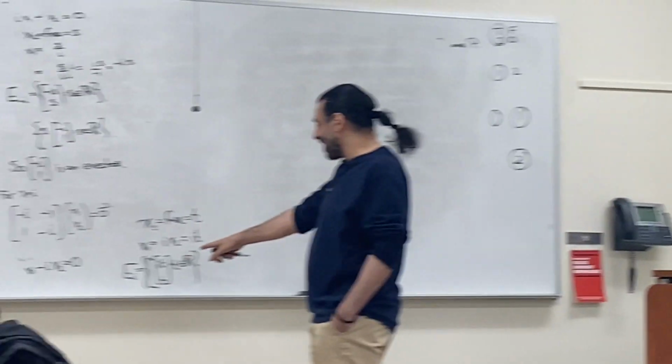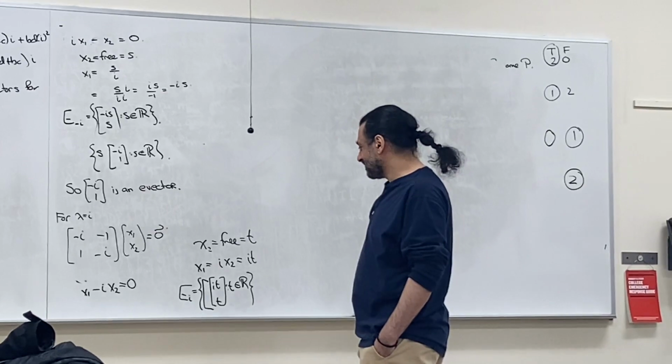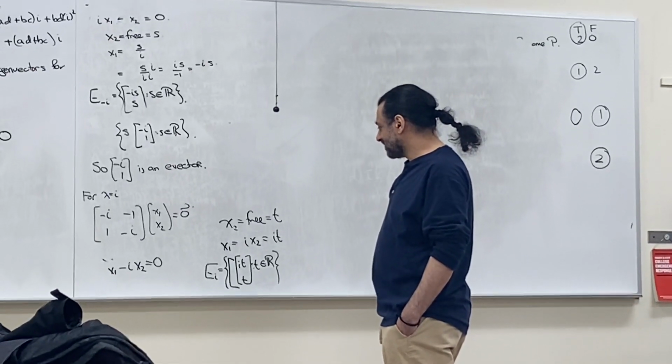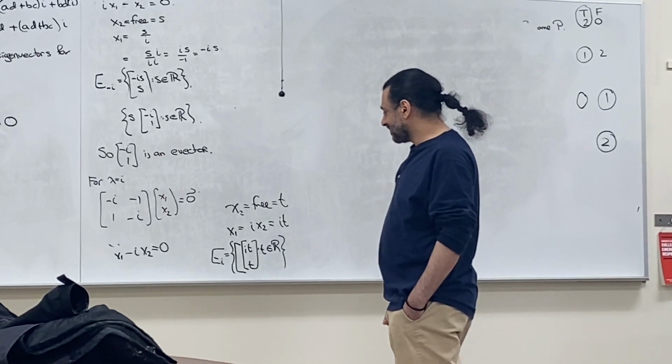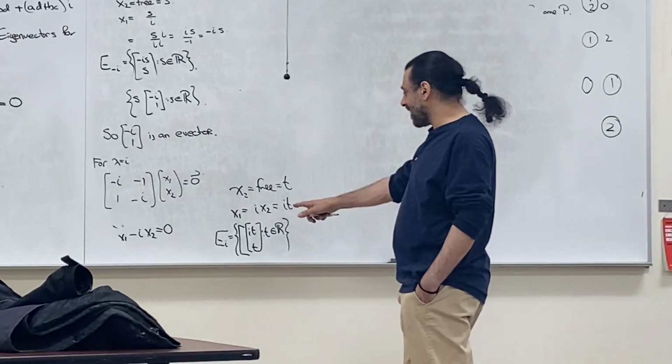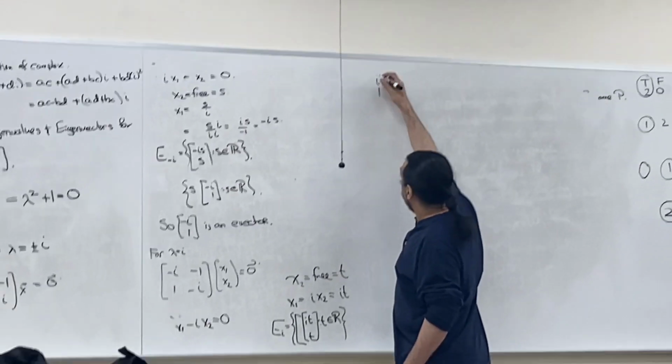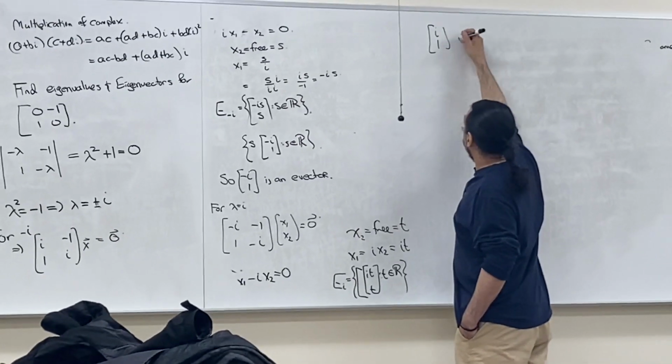All right. So what is an eigenvector for this space? I should take out the t. It should be t times (1, i).